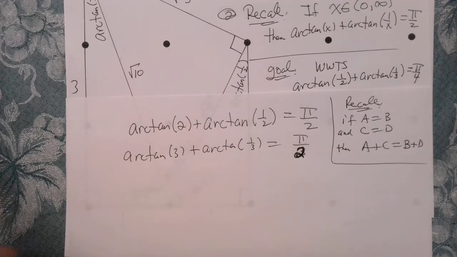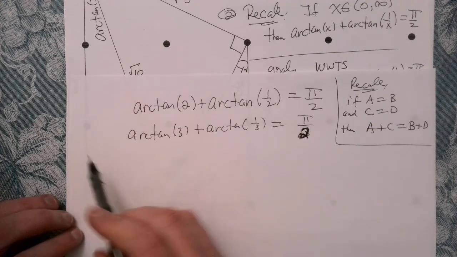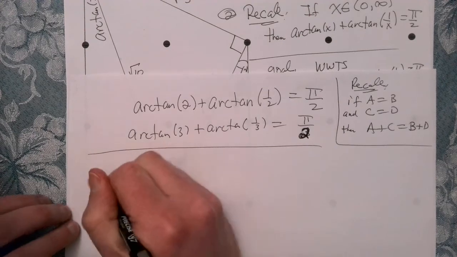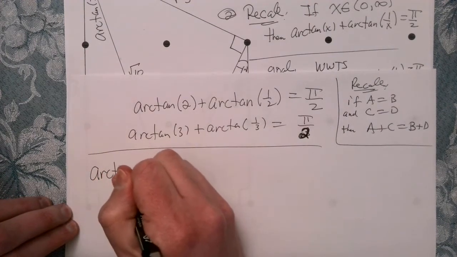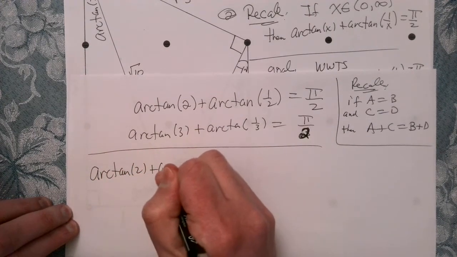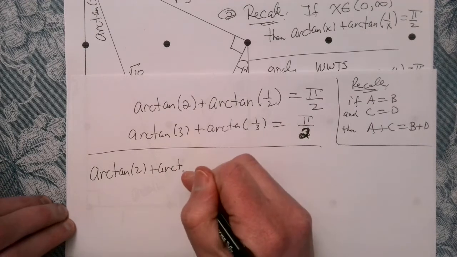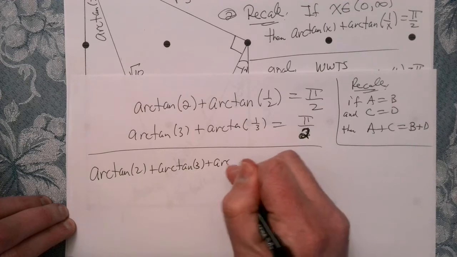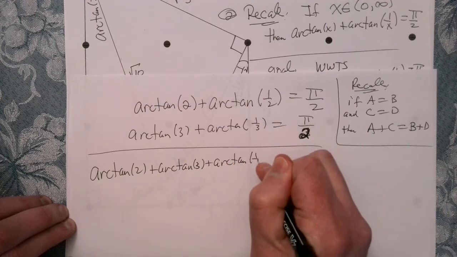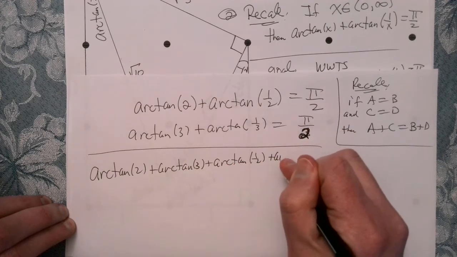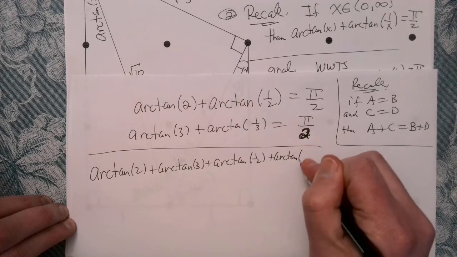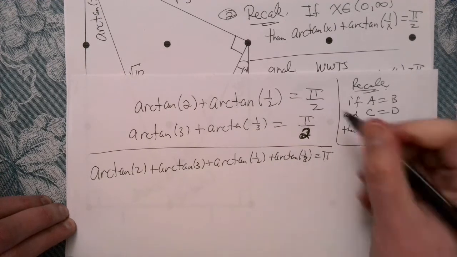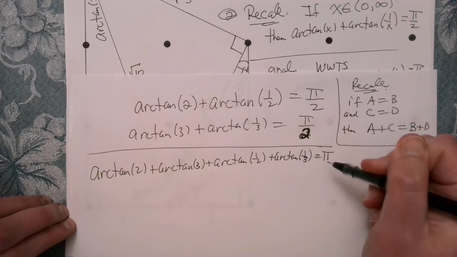That's real life though, right? That happens. But we caught it, so that's just fine. So let's go ahead and take the sum of the left side. That's going to be the arctan of 2 plus the arctangent of 3 plus the arctan of 1/2 plus the arctan of 1/3. And that's going to be equal to pi, right? Pi over 2 plus pi over 2 equals pi.